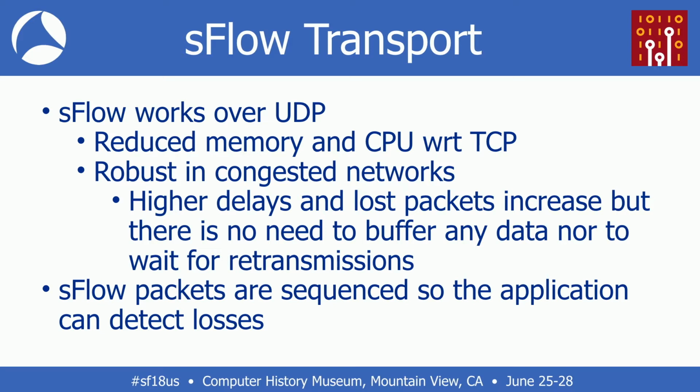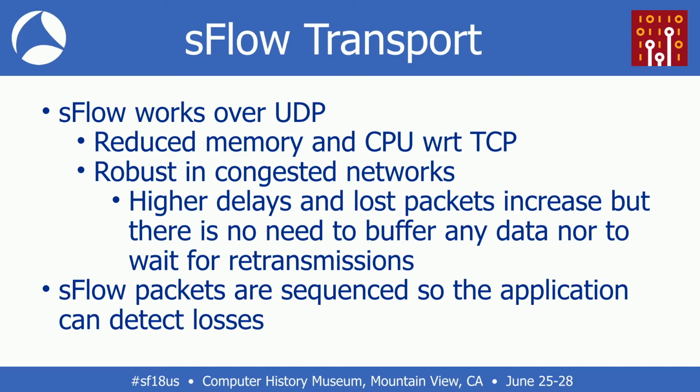And it's even more robust when it comes to network congestion because the switches, the agents, don't have to buffer the data for the retransmissions. They don't have to keep the states using sequence numbers. So UDP is much lighter with reference to a stateful protocol when it comes to monitoring.